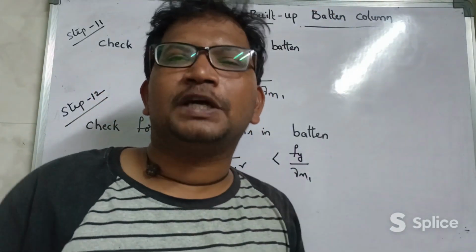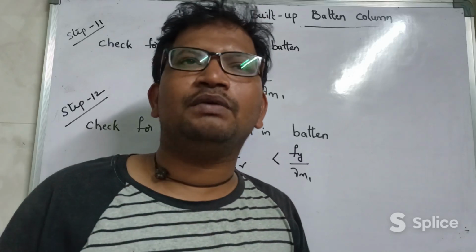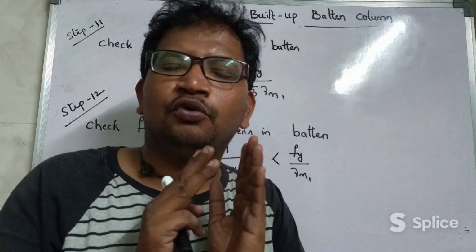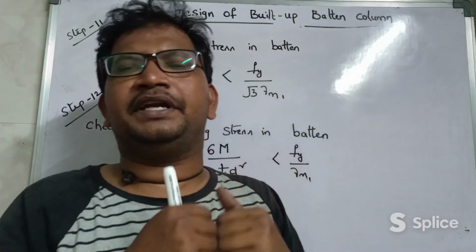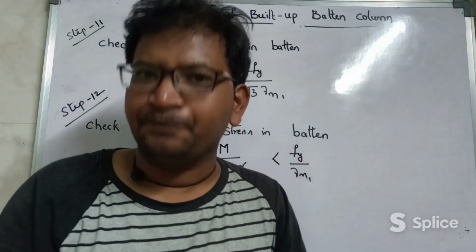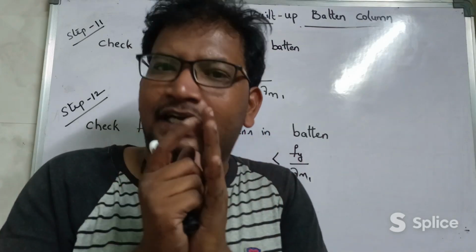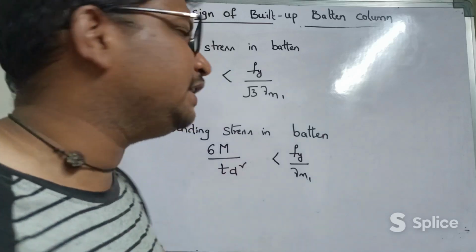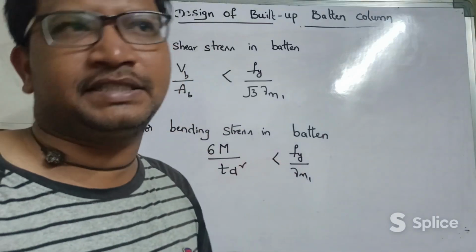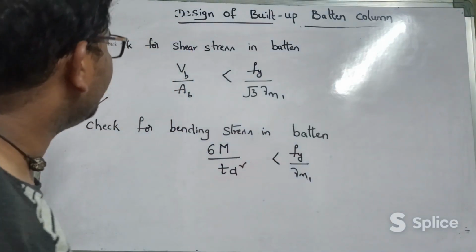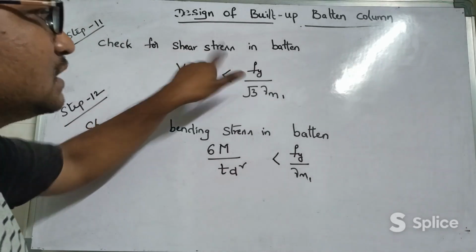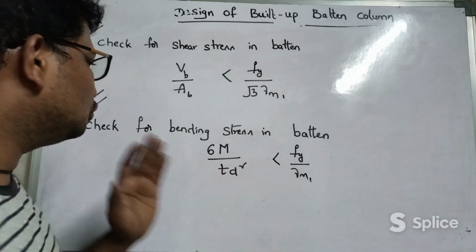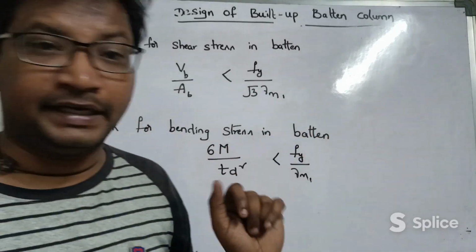These are the two types of shear stresses. And the third one is the bending stress. Means here only shear stresses and bending stresses are acting on the batten. Now we need to check the batten is able to resist the shear stress and bending stress. In step number 11, we are going to check the shear stress of the batten. In step number 12, we are going to check bending stress in the batten.